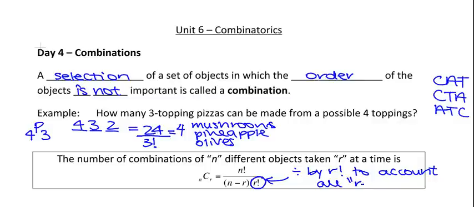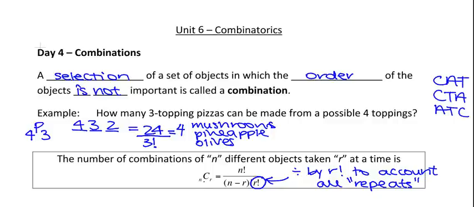For example, the number of times that I could pick mushrooms, pineapple, olives, or olives, pineapple, mushrooms, or mushroom, olive, pineapple, etc. Those are all giving me the same pizza, so I'm dividing by the number of ways that I would have repetition of the same combination. So that is where the R factorial comes from in this formula.